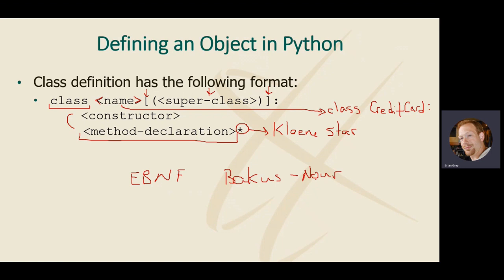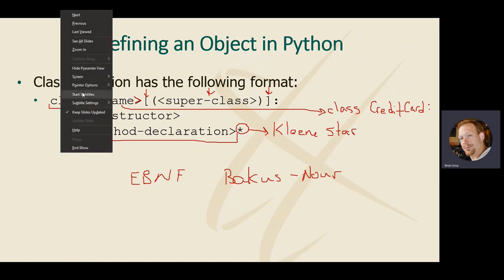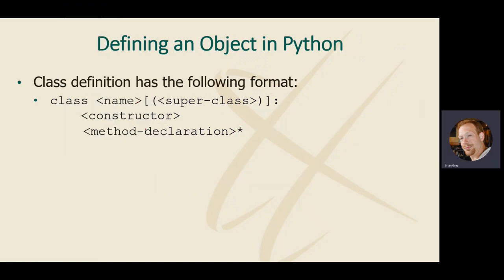You will see this in CISC 325 programming language paradigms. It is a way to generally express the structure of a statement without having to literally spell everything out. Okay? And you will see this from time to time in this class.